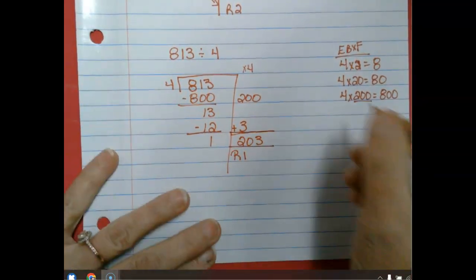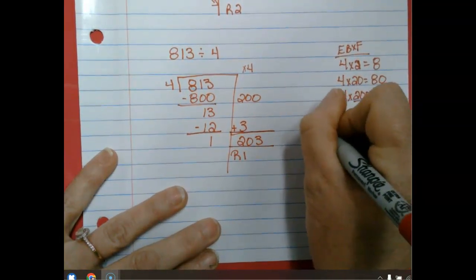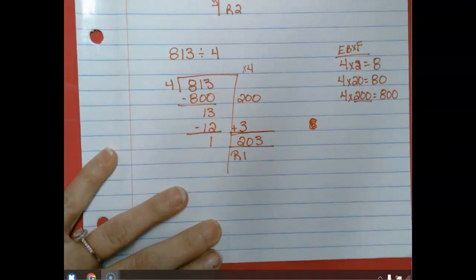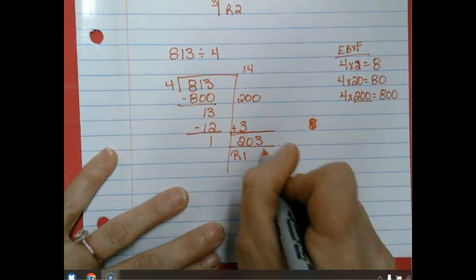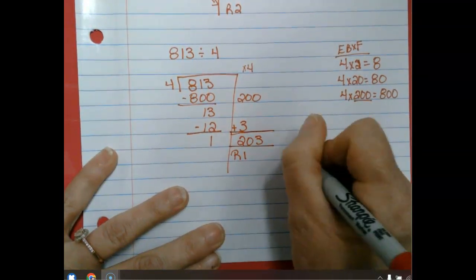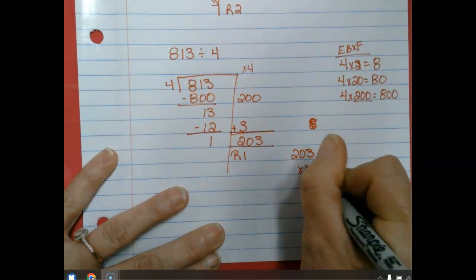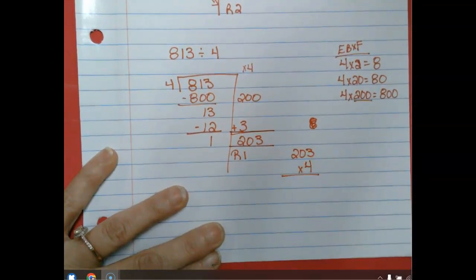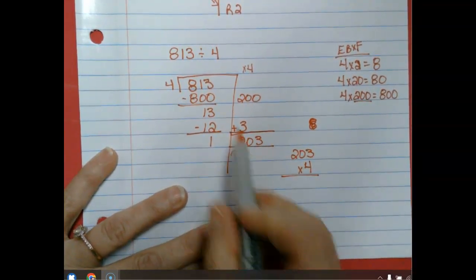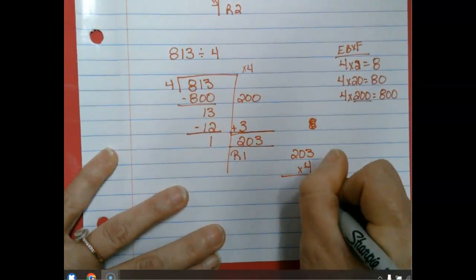All right, so let's check ourselves. 800, oops, what am I doing? That's not how I do that. How do I check myself? I take my quotient, which is 203, and I multiply that times my 4, and my goal is that it's going to equal 813. So 4 times 3 is 12.